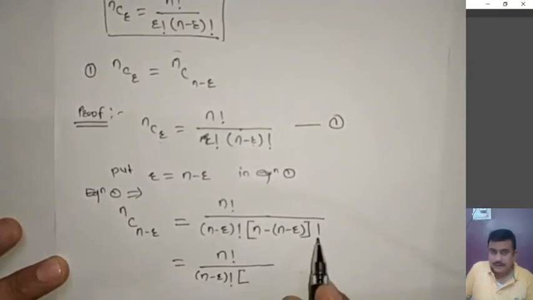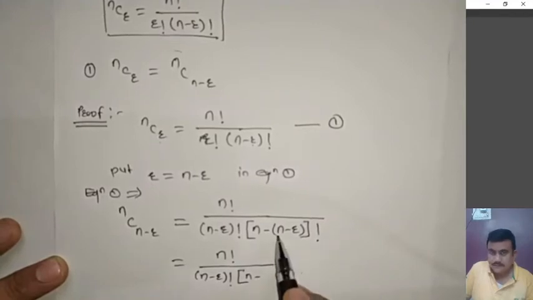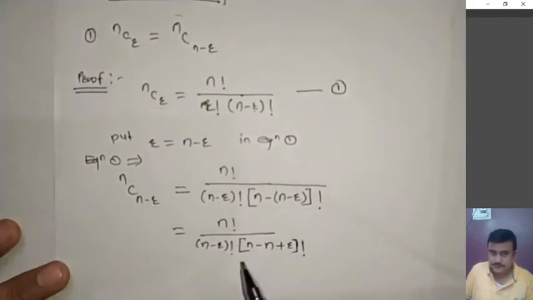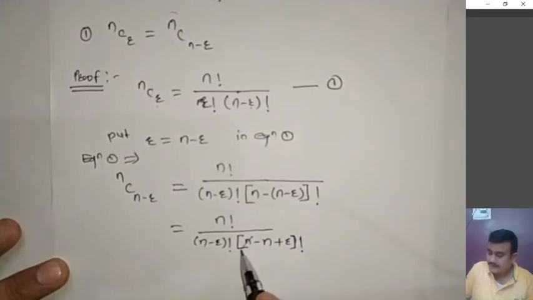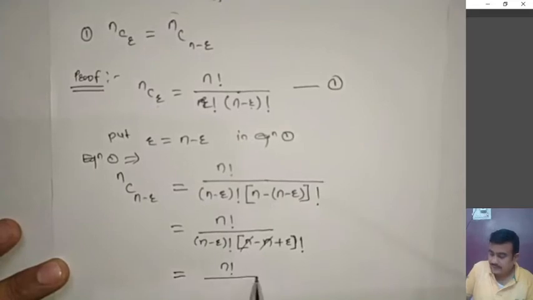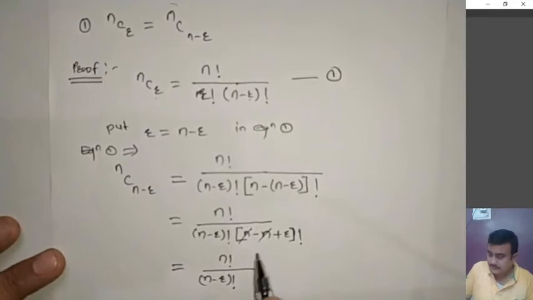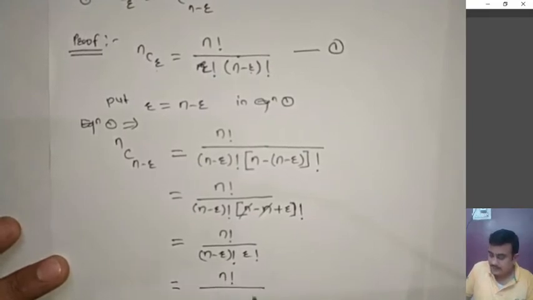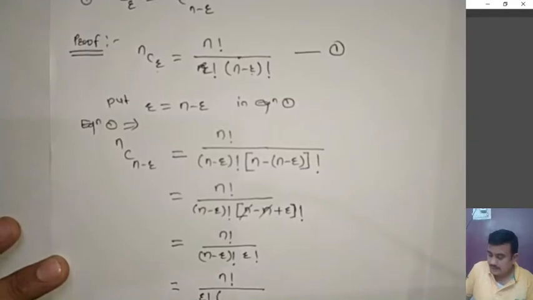When we solve this bracket, we get n minus n plus r factorial. So this n minus n gets cancelled. So we get finally n factorial divided by (n minus r) factorial times r factorial, which again we can write as n factorial divided by r factorial times (n minus r) factorial.